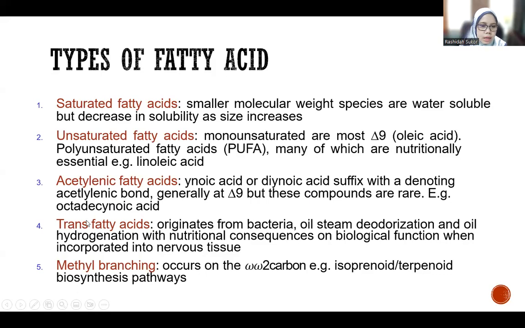Okay. And then we have trans fatty acid from bacteria, from steam deodorization and from hydrogenation. Satu proses untuk buat macam tadi, I mentioned how to change oil to become more spreadable. So if you want it to be more spreadable, you have to make it more solid lah. Macam tadi kita tengok kalau kat supermarket, we have spreadable butter.